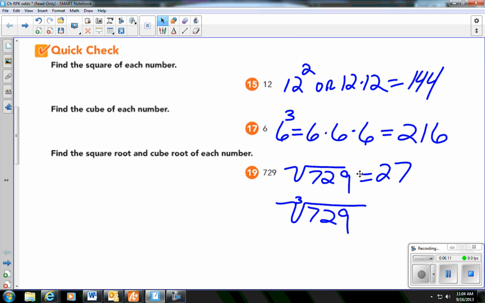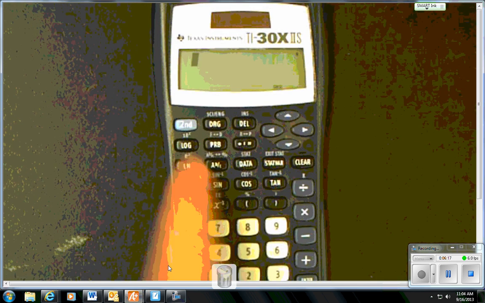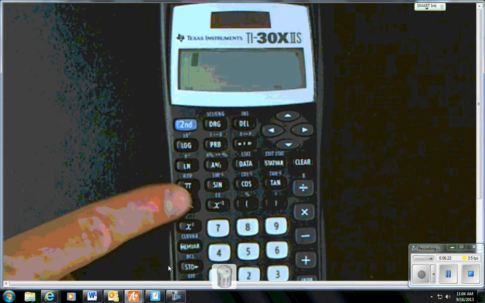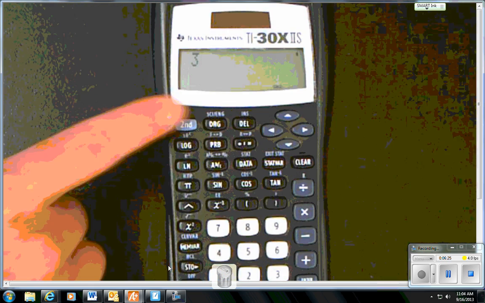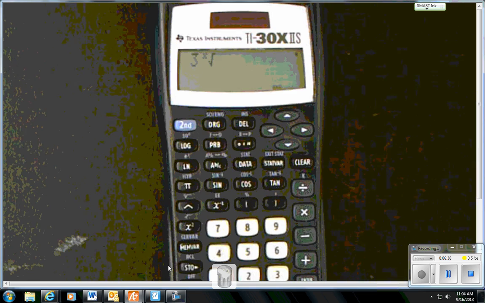Now we have to find the cube root. The cube root button is the second key and the caret, the upside down V. Now before we hit that, we have to hit the number 3 for cube root. Hit second and the caret. You see this time the radical sign has an x with it.